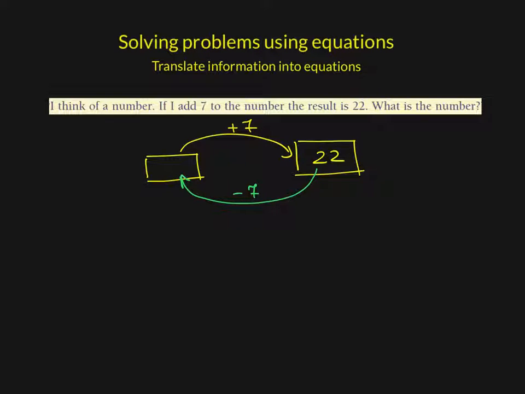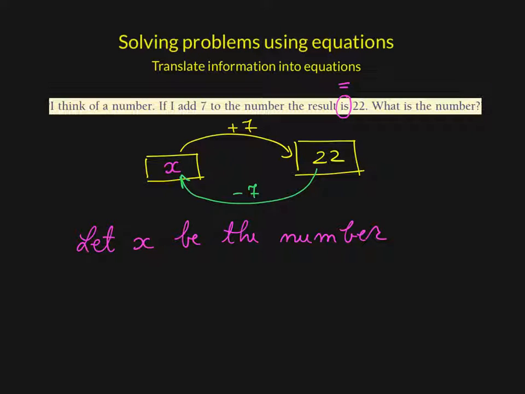The way I solve this using algebra, I will say I'm thinking of a number, I don't know the number, I call it x. So let x be the number I'm thinking of. I'm looking in the information given for an equation. My equation is generally given by the word is.